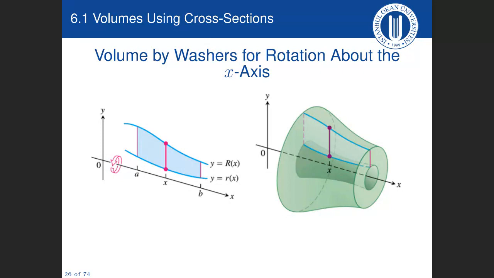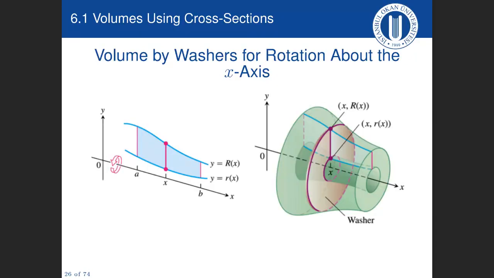Let's suppose we take the region on the left and we rotate it around the x-axis. We would generate an object like the picture on the right. And then the cross-sectional area will not be a circle, the cross-sectional area will be a washer.